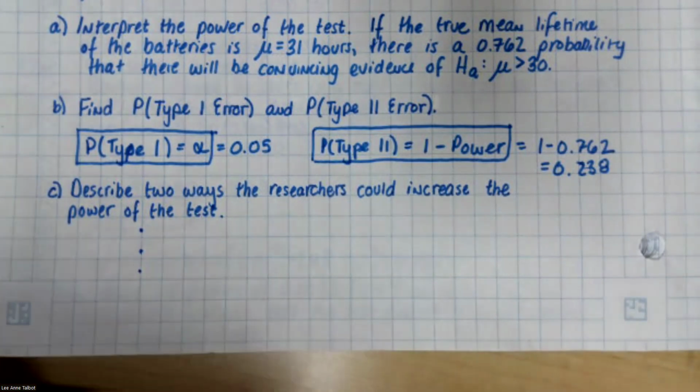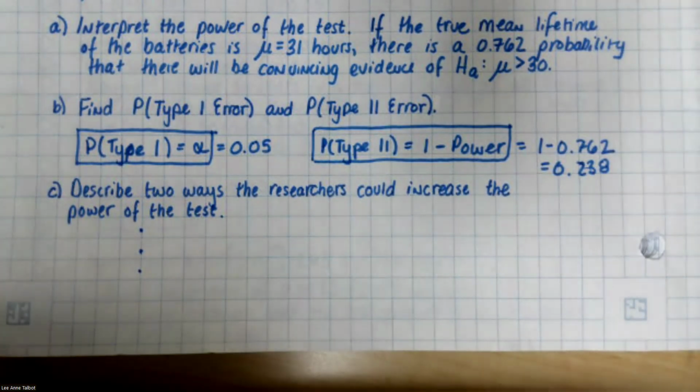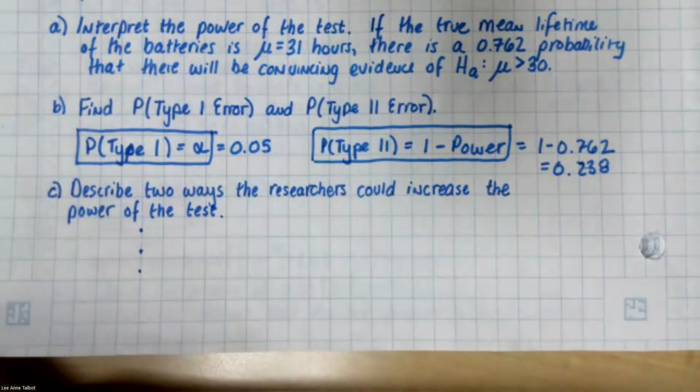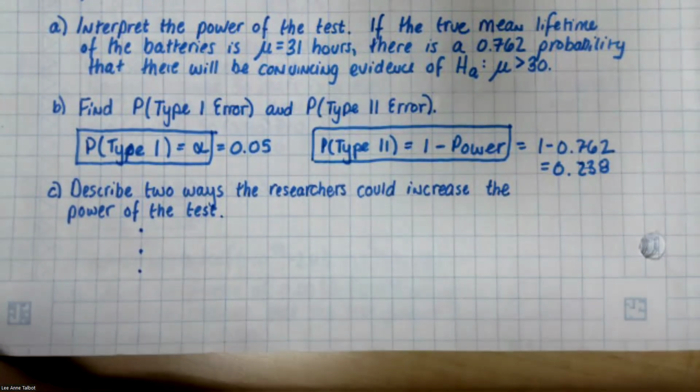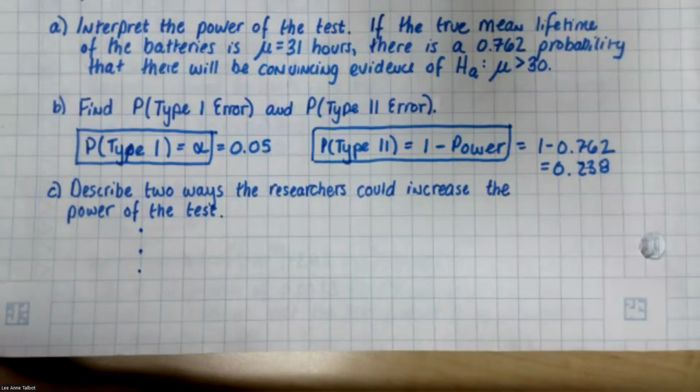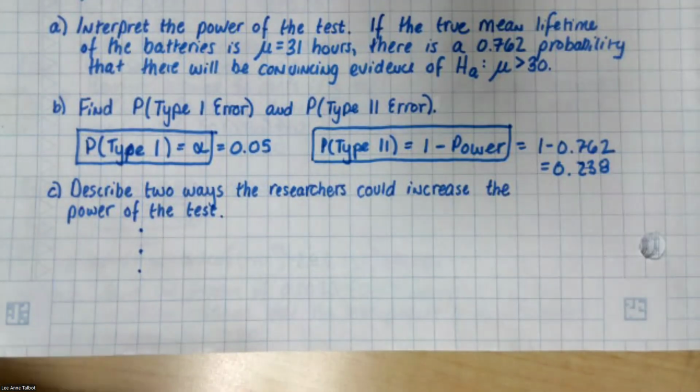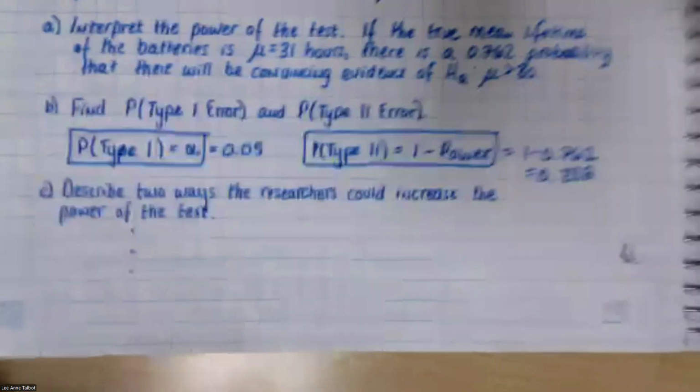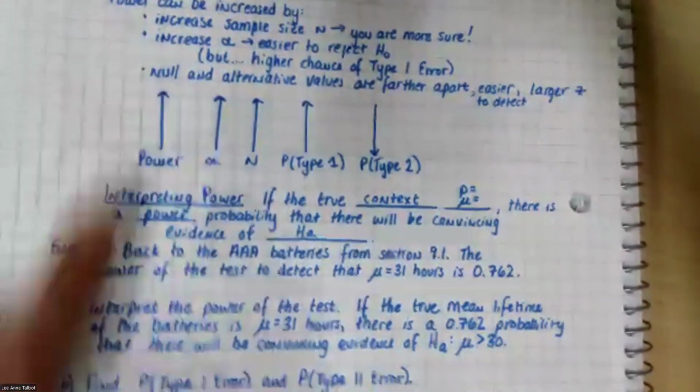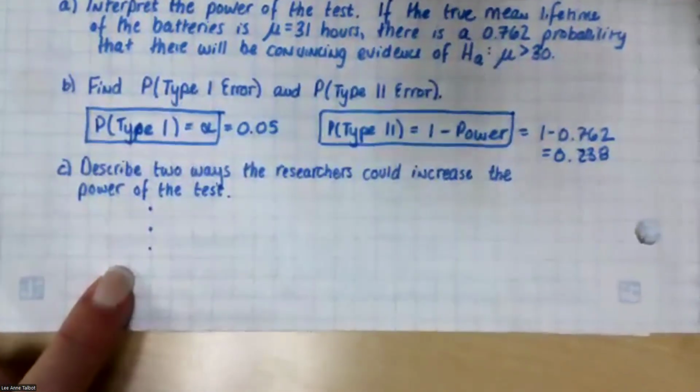Now, you probably think I lost my mind because it says describe 2 ways the researchers could increase the power of the test, and I put 3 bullet points. The book only asked us to find 2, but we're gonna find a third one just because we're extra. Also because it really bugged me that there were 3 bullet points up here, and then it only asked for 2 of them. 2 of them are extremely easy though.